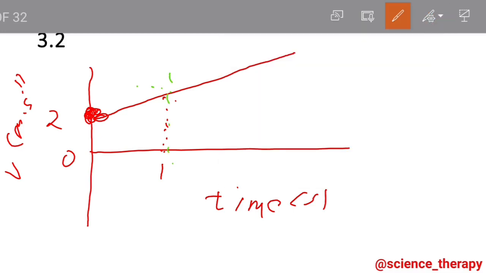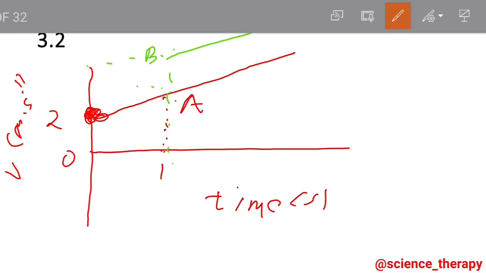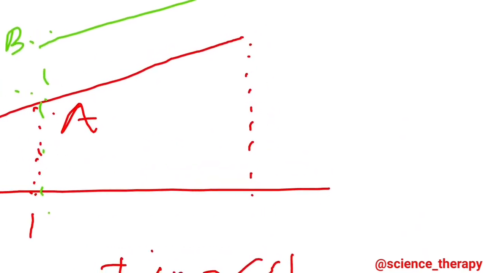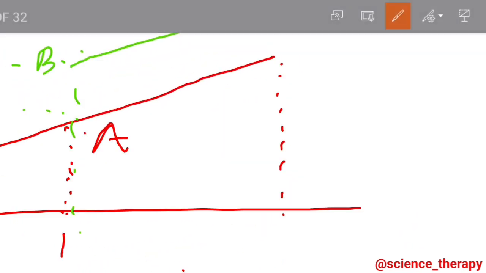So 1 second later we had ball B being thrown. So this is B, let's indicate this is B, and then the first one is A, right? And then what is the time that they both took to reach the ground? We can just indicate here. So we have it like that.